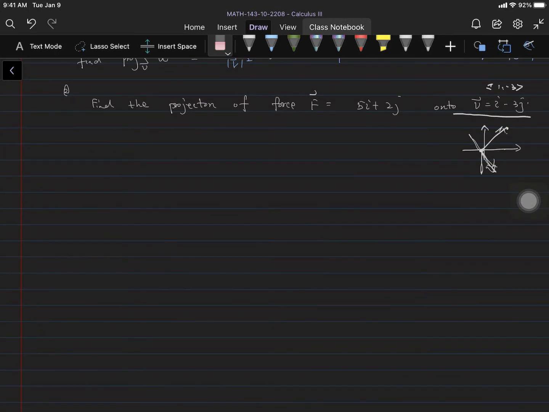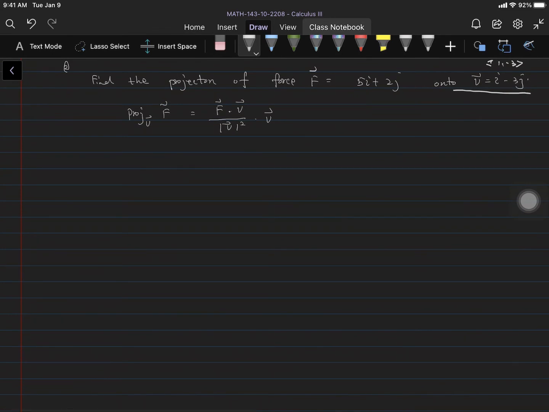So let's take a look at this problem. Here, projection of the force onto the vector v, which is just the dot product over length squared times v vector. And here, those are two vectors just in 2D.